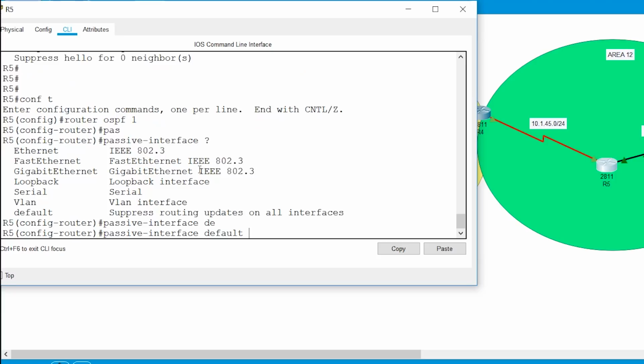When I say passive-interface default, that means by default all the interfaces are passive. Only the interfaces that you enable for advertising or sending hello messages are active. So you have to manually go and enable hello packets by saying no passive-interface. So these are two ways: either you say everybody is passive by default, or everybody is not passive by default, and then do whatever is required.